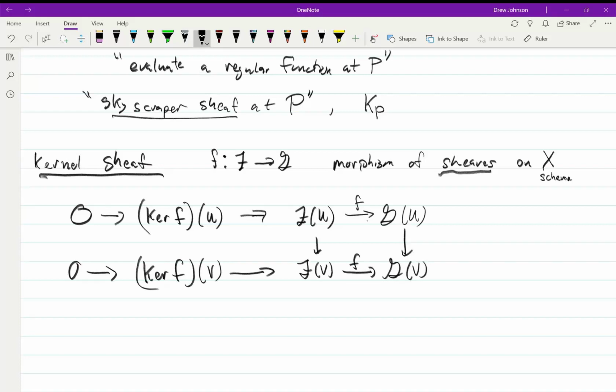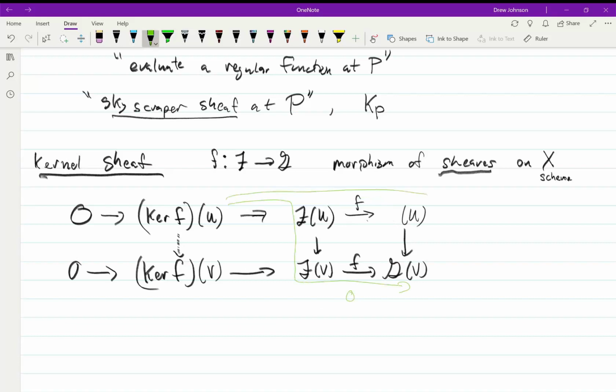And the question is, is there a restriction map from the kernel of f at U to the kernel of f at V? This is true just by properties of the kernel. If we go like this, then you know that this composition here has to be 0. Why?